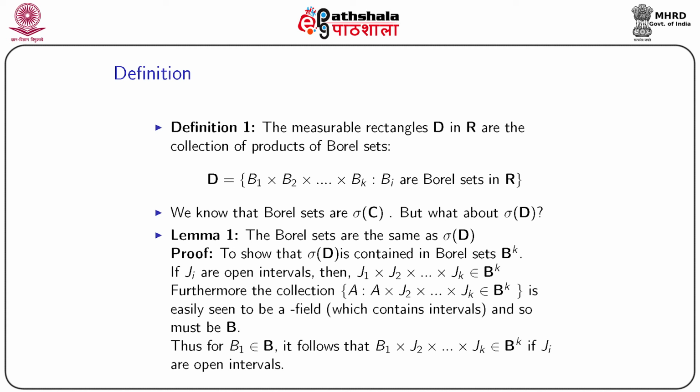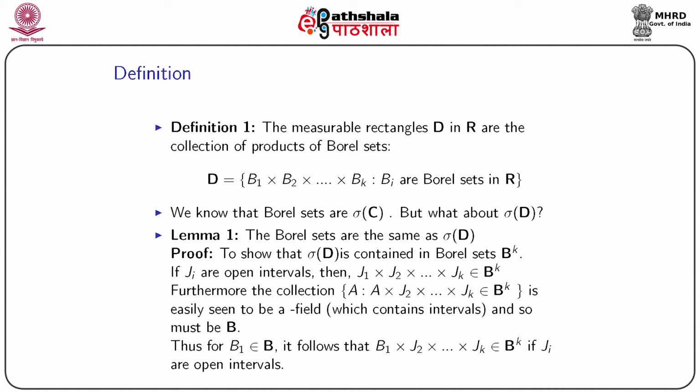The proof is something like this. To show that sigma D is contained in Bk, the k-dimensional Borel space: if these Ji's are open intervals, then the product J1, J2, Jk will belong to Bk.